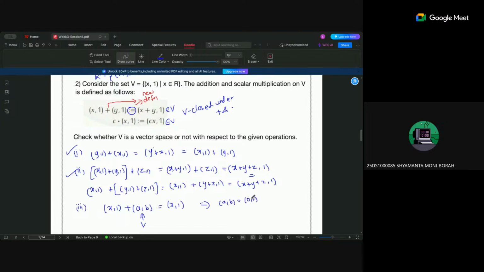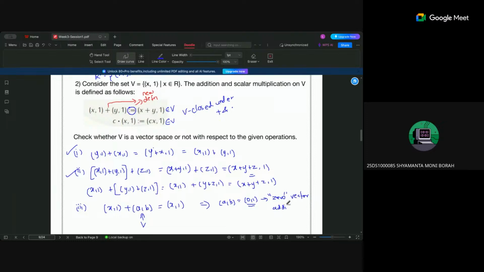So that is why the zero vector is different from the origin. That is why we don't say origin in many places. Instead, we say the zero vector. Now this is your zero vector, your additive identity. Here this zero does not mean origin, but it means the zero vector for this vector space with respect to this addition.